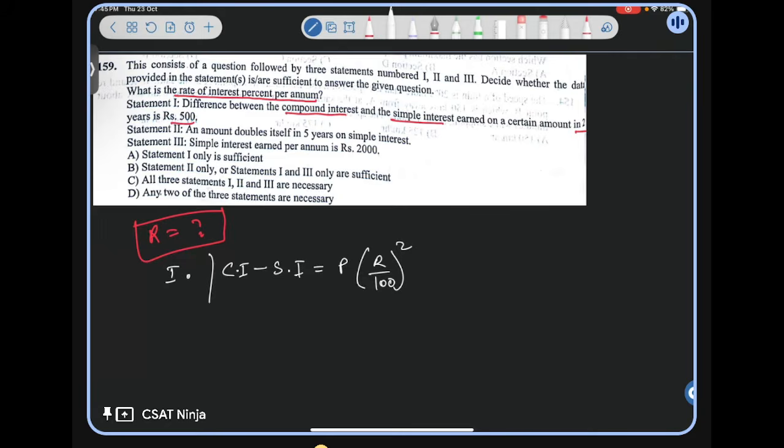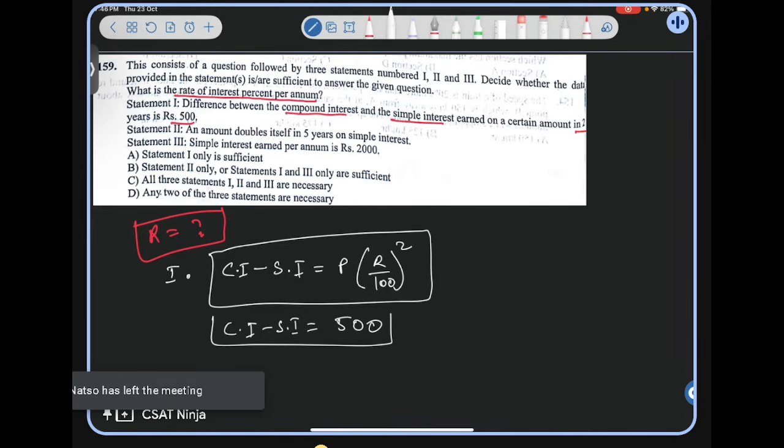We're going to use this same concept here. So CI minus SI is given as 500. The difference for 2 years is given, so I can use this formula.